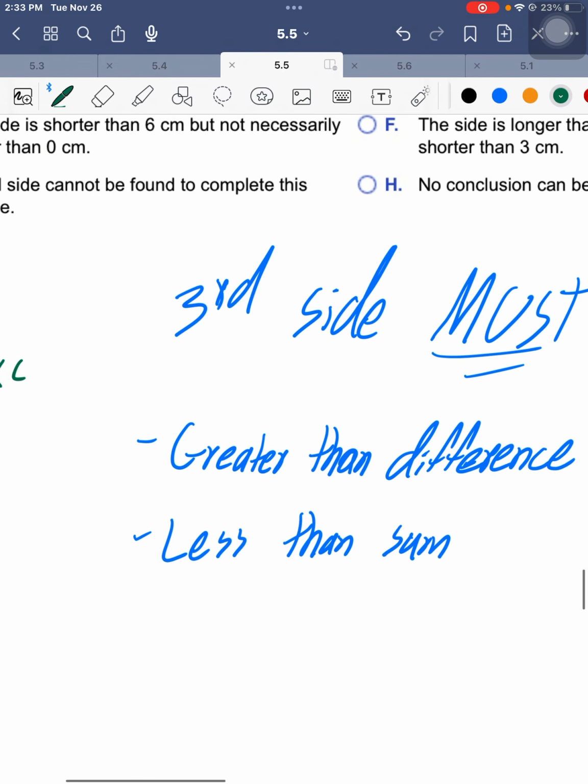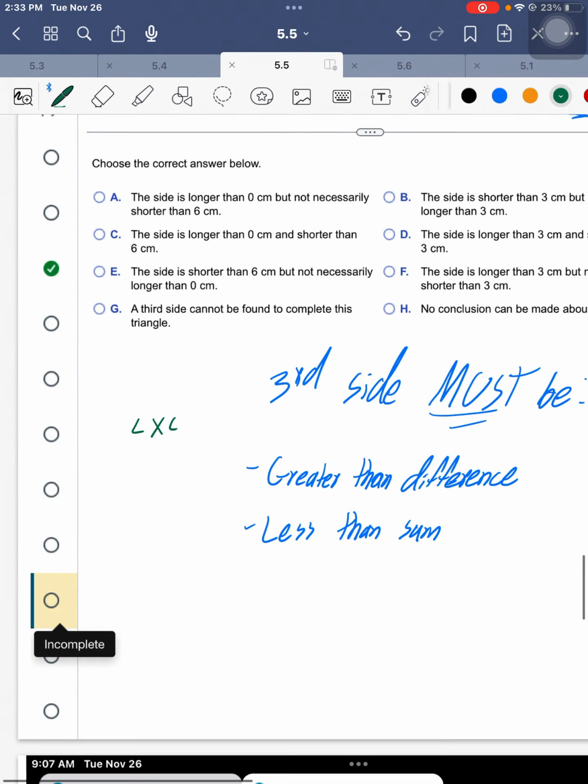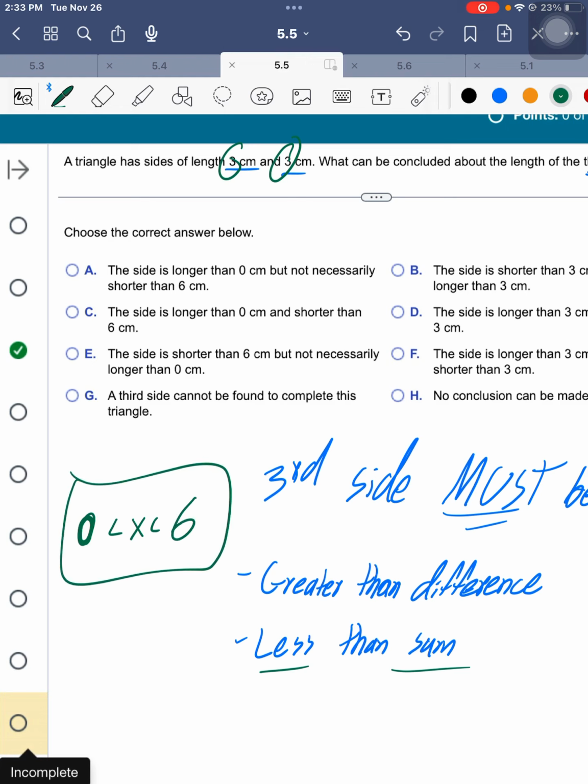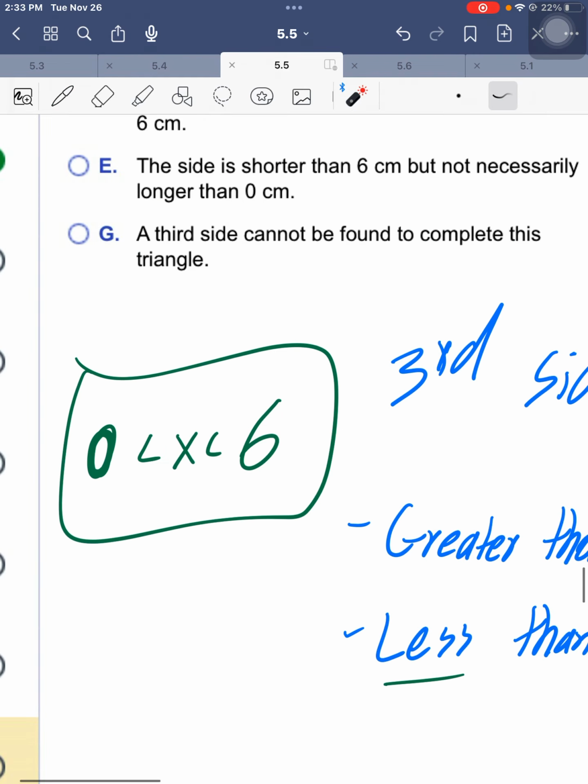So what is the smallest that my side can be? Well, it has to be greater than the difference. So what is 3 minus 3? 0. And less than the sum. What is 3 plus 3? 6. So my side has to be between 0 and 6, not including 0 and 6.